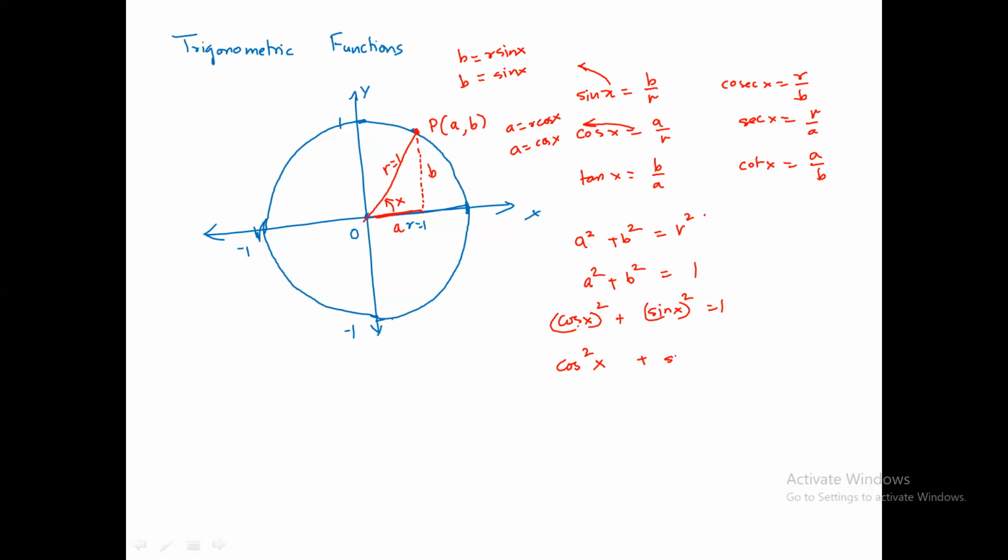And sin x whole square can be written as sin square x. That means cos square x plus sin square x is 1. x can be any angle. Cos square x plus sin square x will be 1.